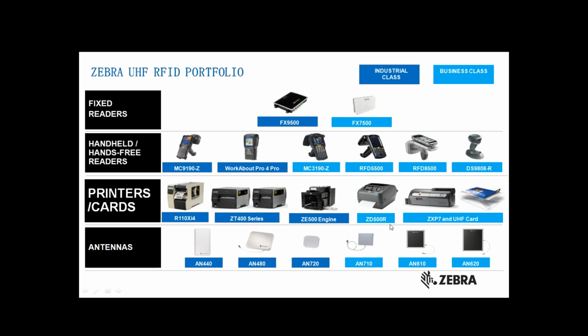We also have the UHF card printers, which can enable ID cards or any regular cards with RFID capabilities. We have a full host of antennas that can attach to the fixed readers for data capture.